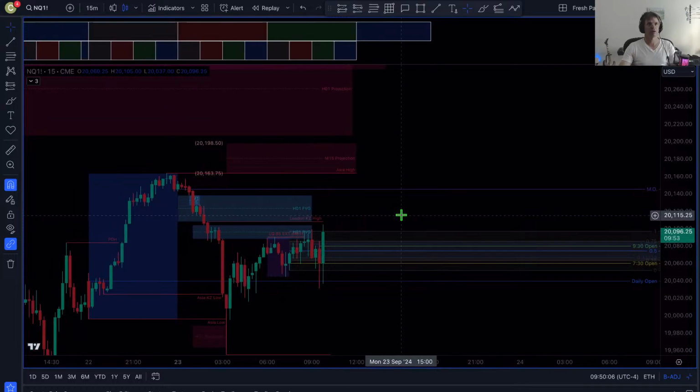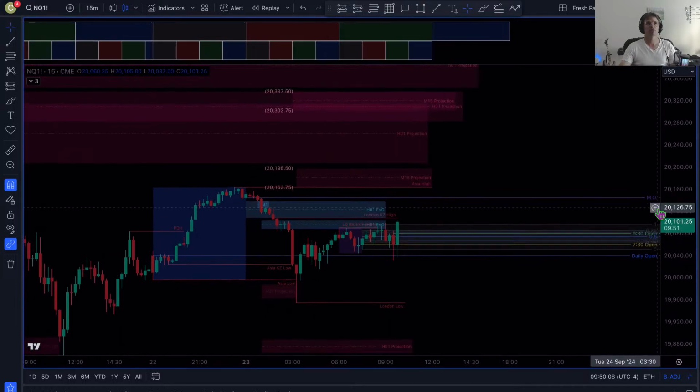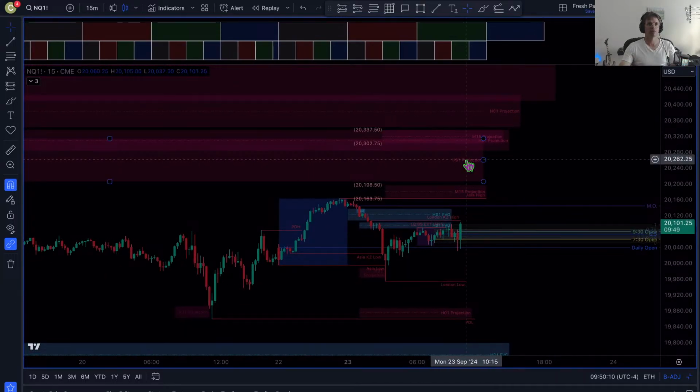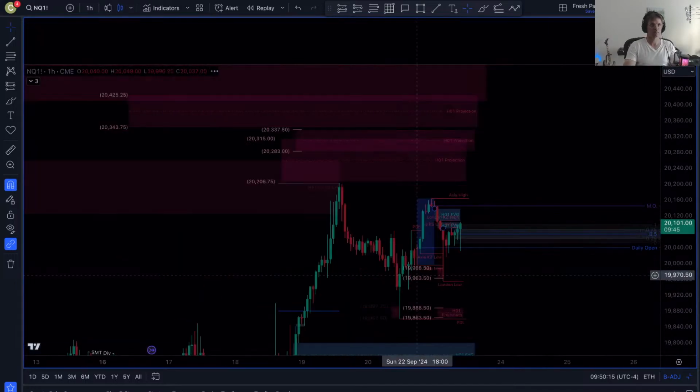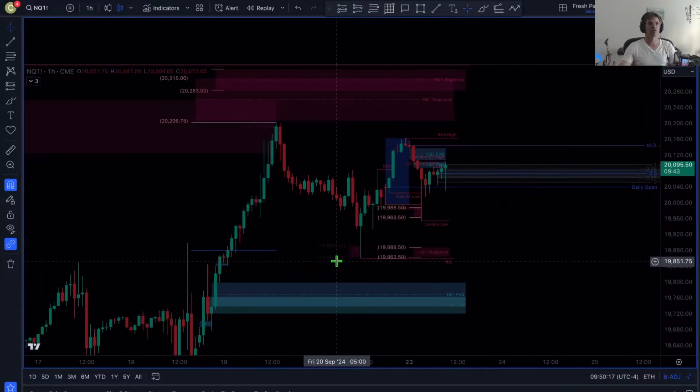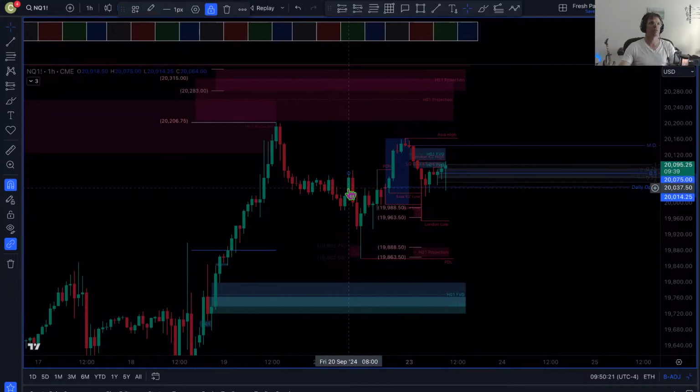So I think this is a case where the JDRS could make sense because we've got these higher time frame projections. We came off of this H1 this morning to the downside, so that move could be over. All right, so if you just use that as your manipulation to the downside, it's over.